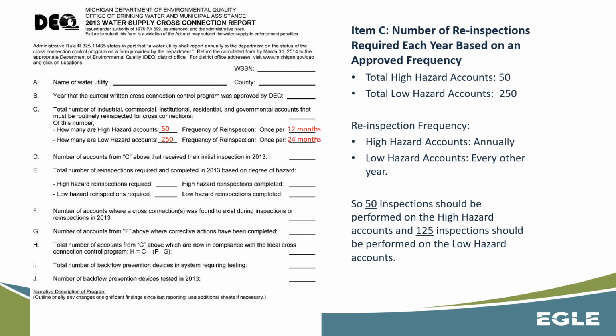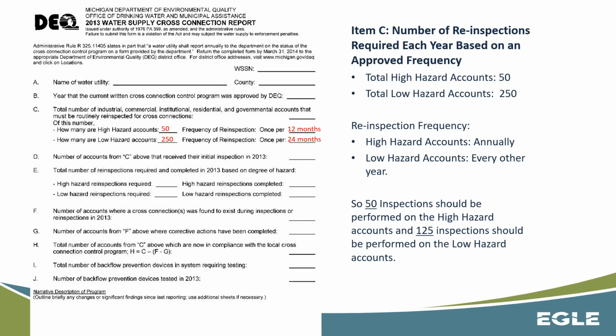You have guidance or maybe minimums put out there by the cross connection rules manual, but these exact frequencies are self-determined. Particularly when you're coming to low hazards, you can have a very wide range of how often you're getting to these places. It is basically going to come down to manpower, how much time you want to put into this, and how often you are willing to commit to actually get to these places.